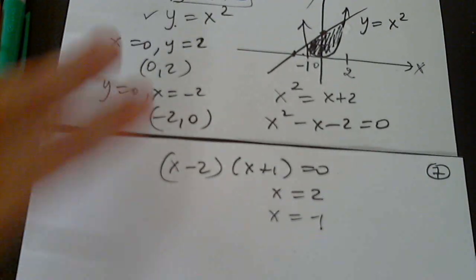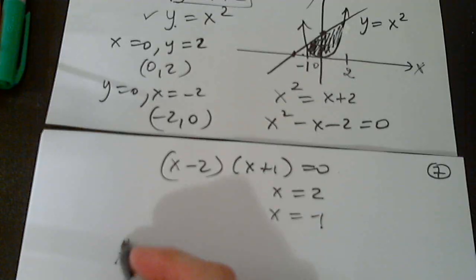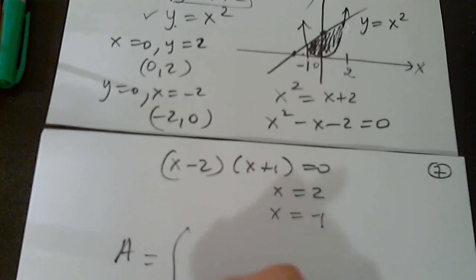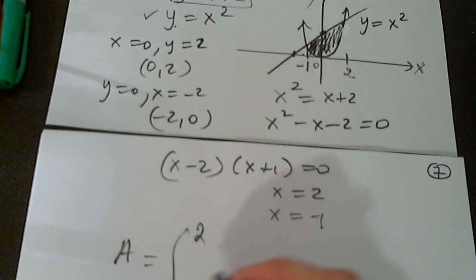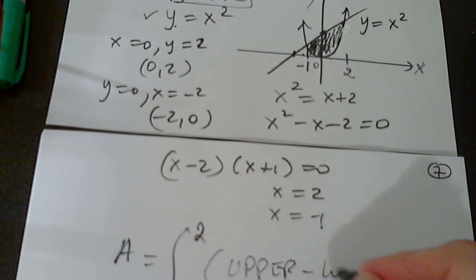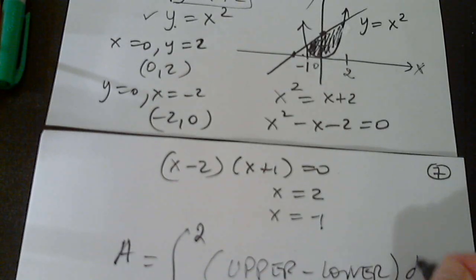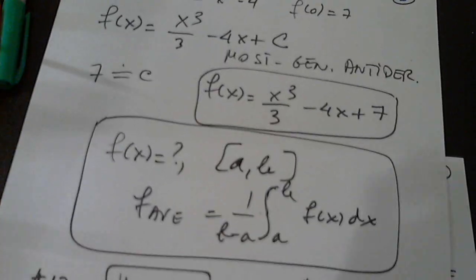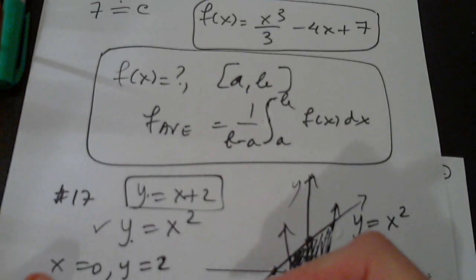So then I know that the enclosed area is the integral from negative 1 to 2 of upper minus lower dx. So negative 1 to 2, upper. We should always write on the graph what we graphed.